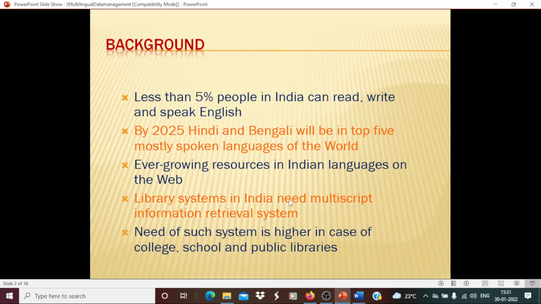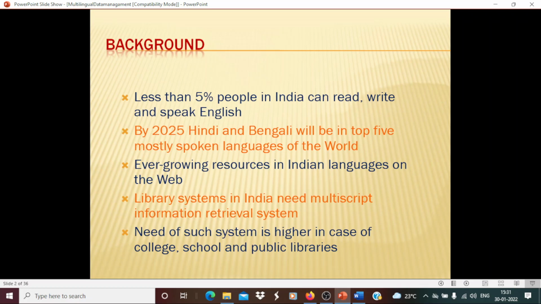By 2025, Hindi and Bengali will be in the top 5 most spoken languages of the world. And why did Bengali come here? Because Bengali is not only the language of a province of India in West Bengal. It is also the national language of a sovereign country like Bangladesh.